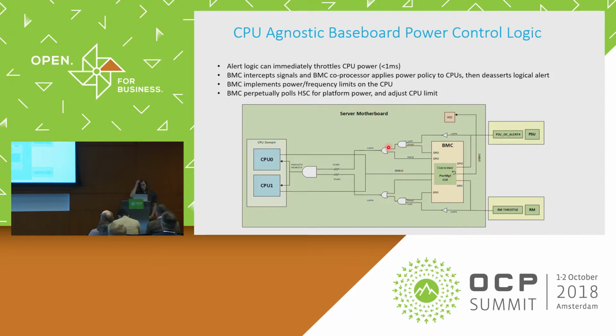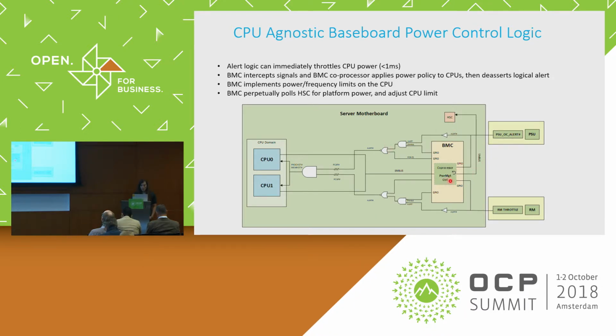So the solution is actually very similar, but much of that functionality that's performed in the ME just gets routed to the baseboard management controller itself. The BMC that we have on our Olympus motherboards has a ColdFire coprocessor that can perform the same functionality.